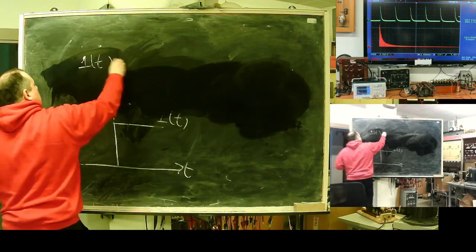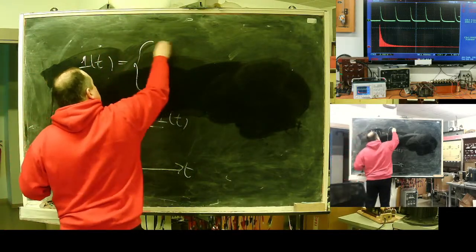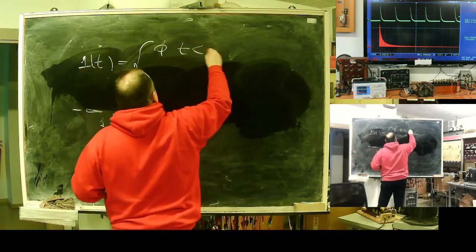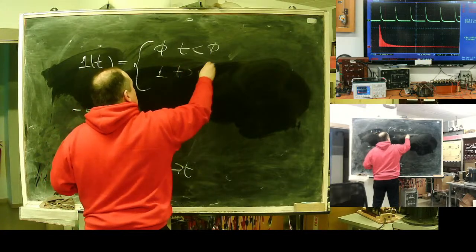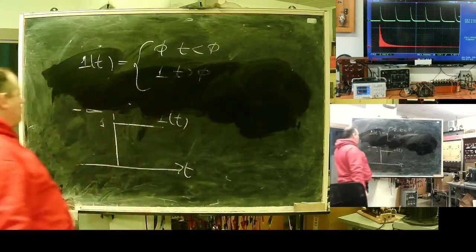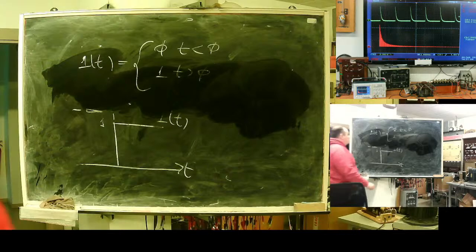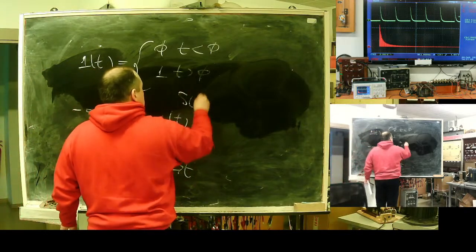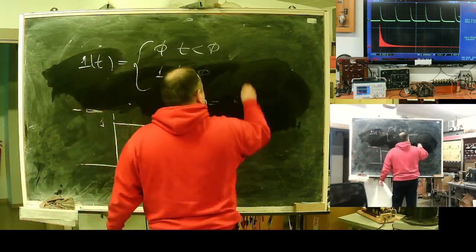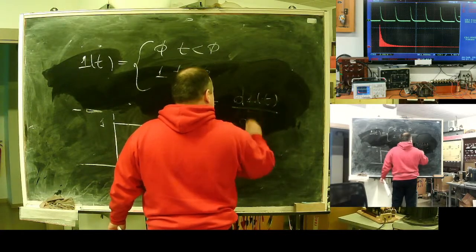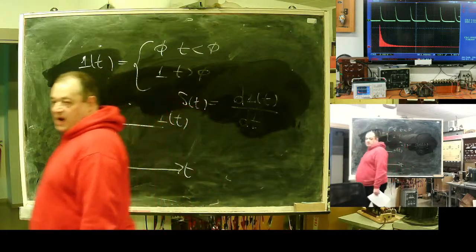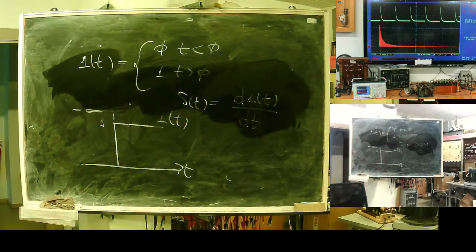One equals 0 when t is less than 0 and 1 when t is greater than 0. Switch on function. The delta function is nothing other than the derivative of the absolutely ideal switch on function.